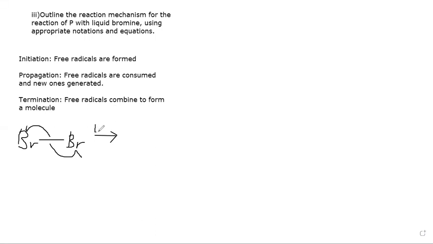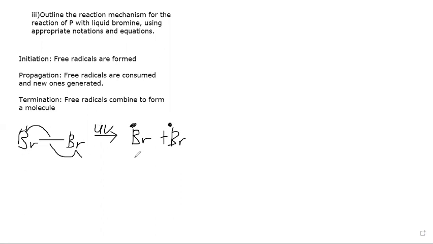Remember, we need UV light for this step. And remember, when a bond breaks homolytically, each of the atoms gets one electron. So that is one electron, and that's the next electron.